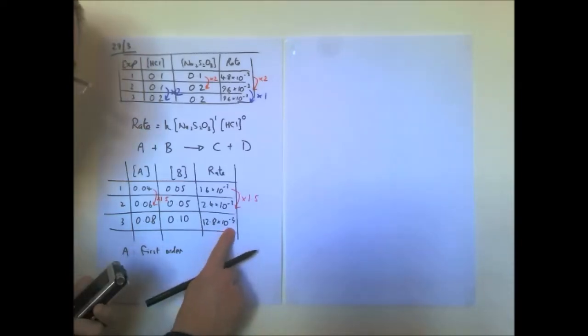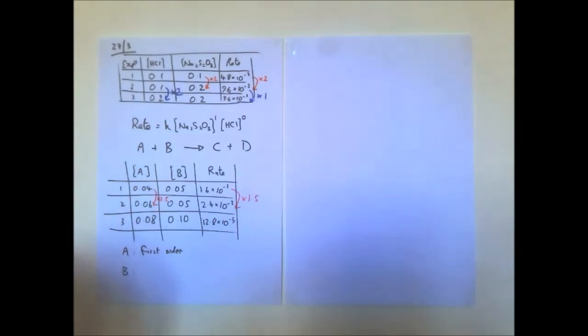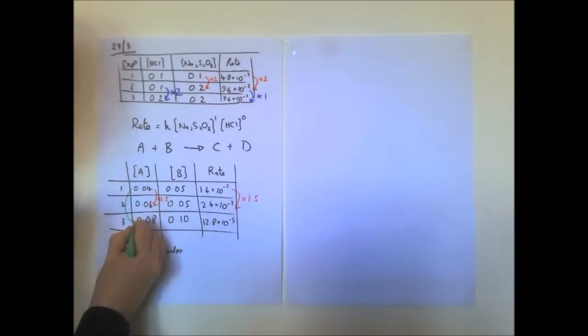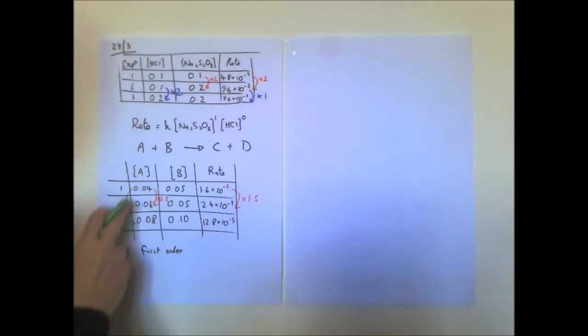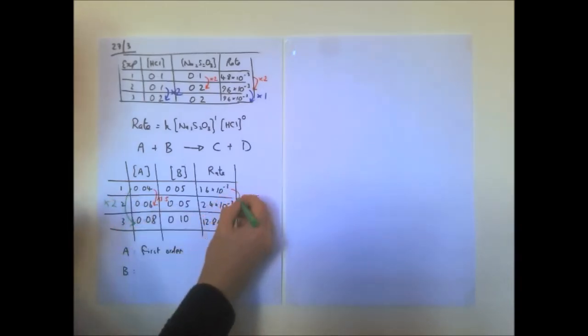Right. What's going on with B? Okay, well, if we compare experiment 1 and experiment 3, what's changed from experiment 1 to experiment 3 with A? Well, it's doubled. So what's happened between 1.6 and 12.8?